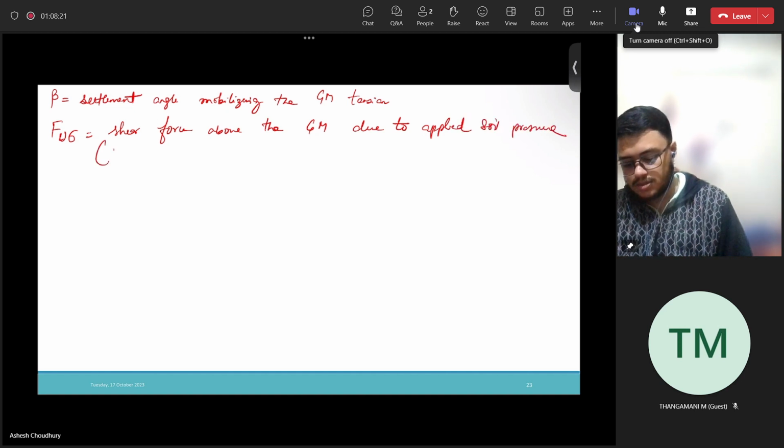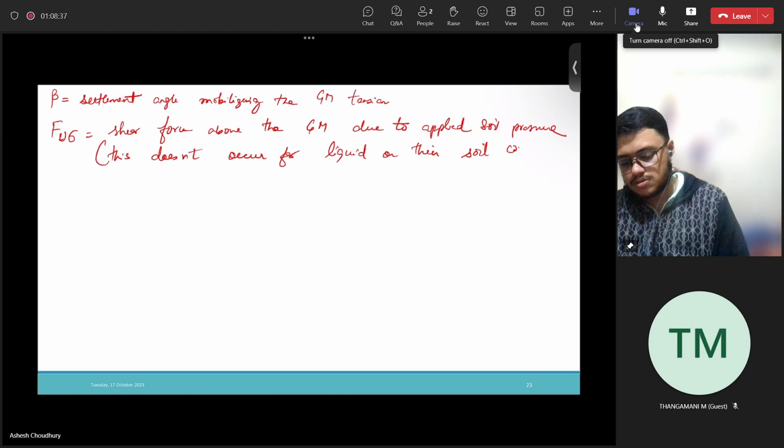But this does not occur for liquid or thin soil covers.